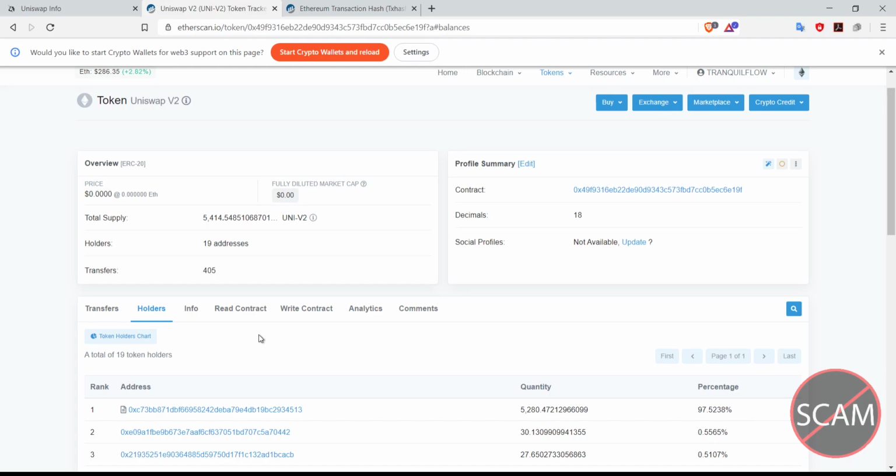You also need to then B, look into how many tokens were used to add liquidity. So for example, you could theoretically send 5% of your token supply to Uniswap, and then you could lock that up and say, hey, we've done a time lock on our liquidity.